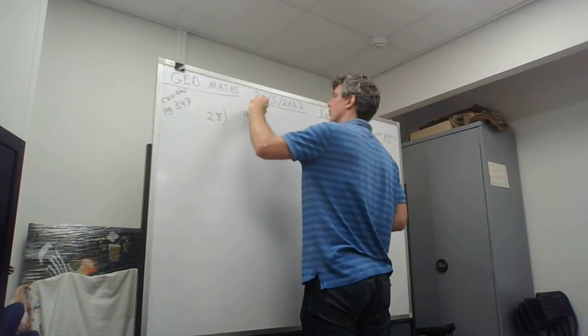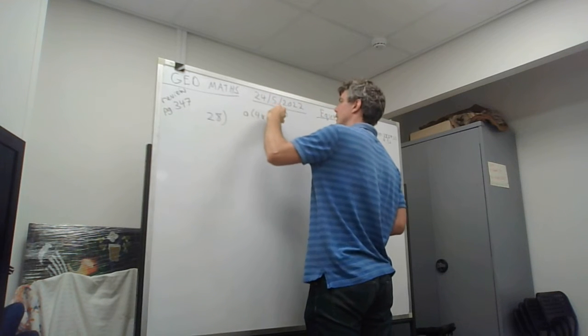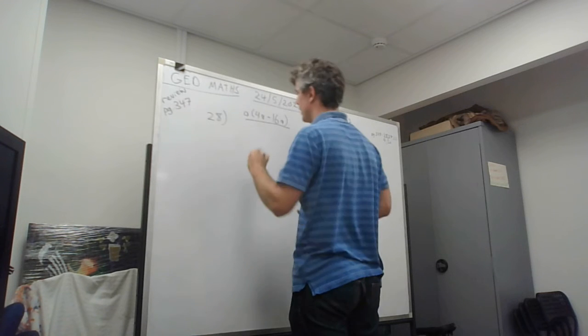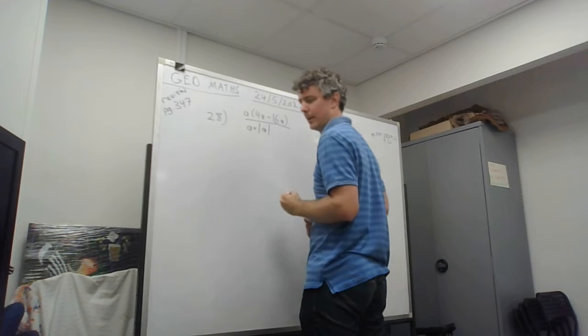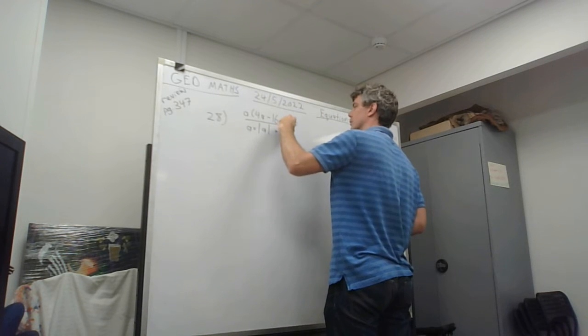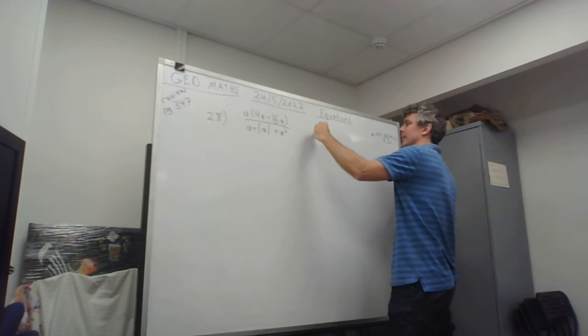A times 4A minus 16 minus 16A, all over A times A times absolute value of A plus A squared.